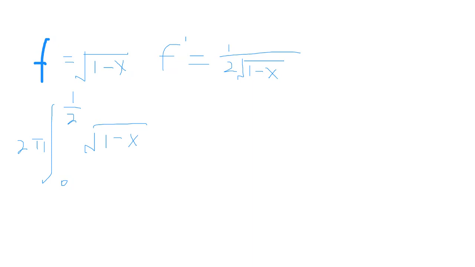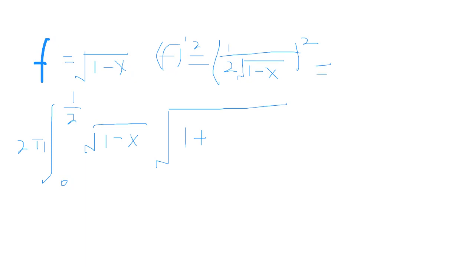So 2 pi is constant, I bring outside the integration, f of x times square root of 1 plus, I better do this square. So let's square this.